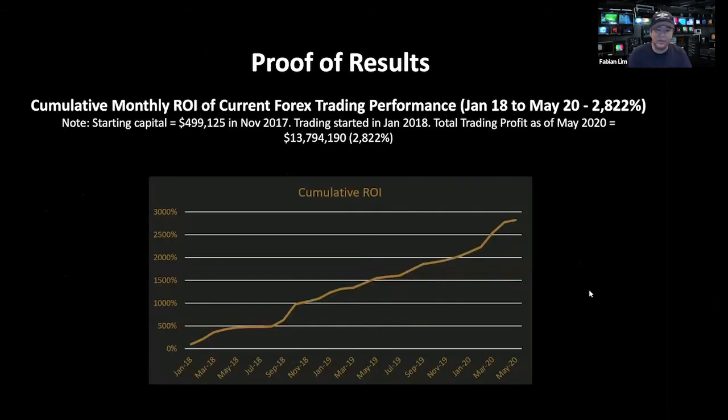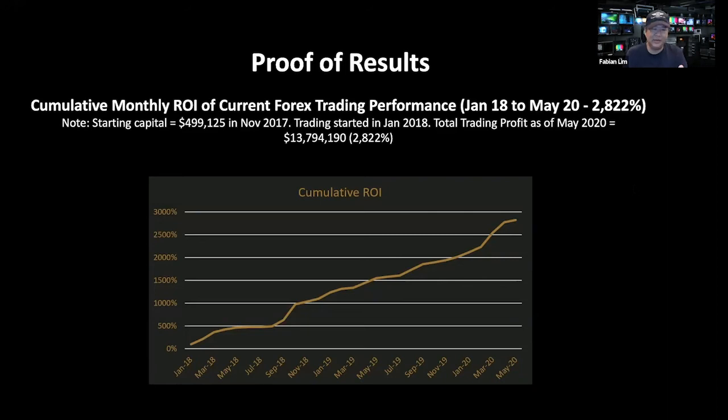So let's start very quickly from the historical perspective. I did show you this chart, and this is basically proof of results from January 2018 to current. And we'll talk about September, which is this month, current month, later on. But my point is this, right? Again, none of this is new.